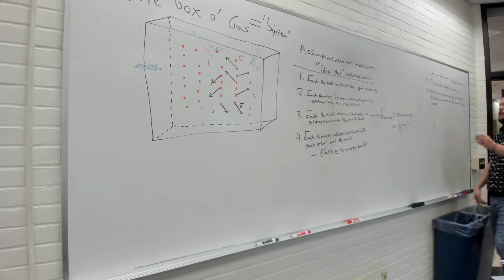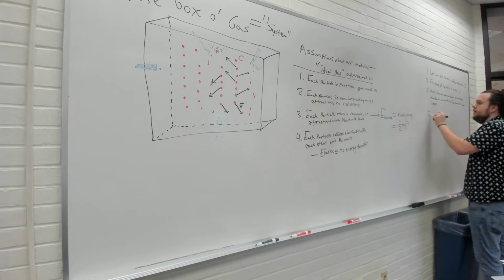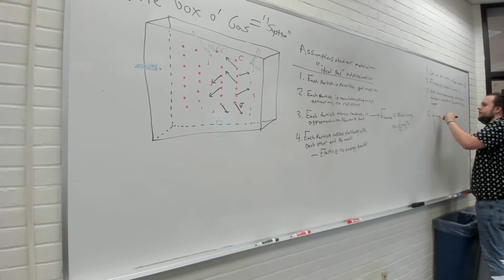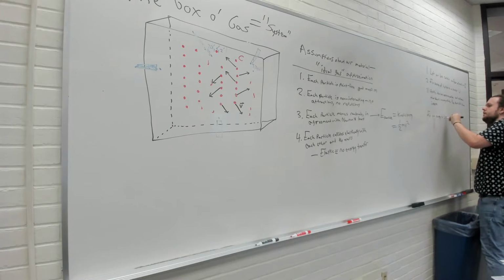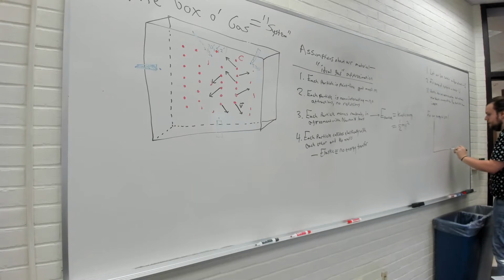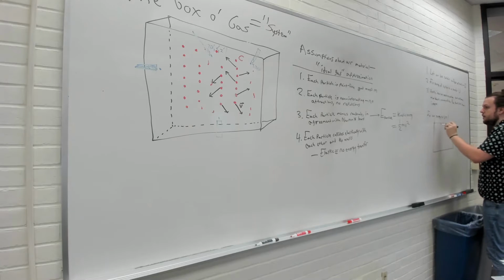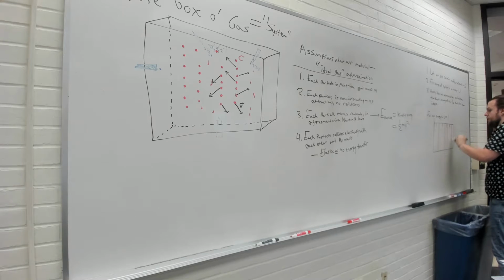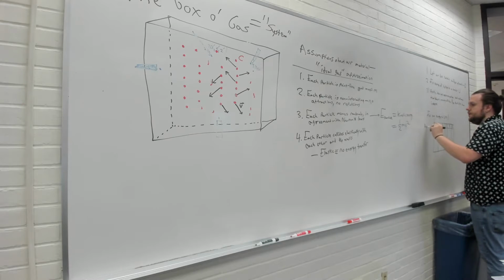So let's fix our energy to be 1 unit. We have 5 atoms and only 1 unit of energy to distribute between them. I'm going to draw a table here: 1, 2, 3, 4, and 5. This is our atom number.